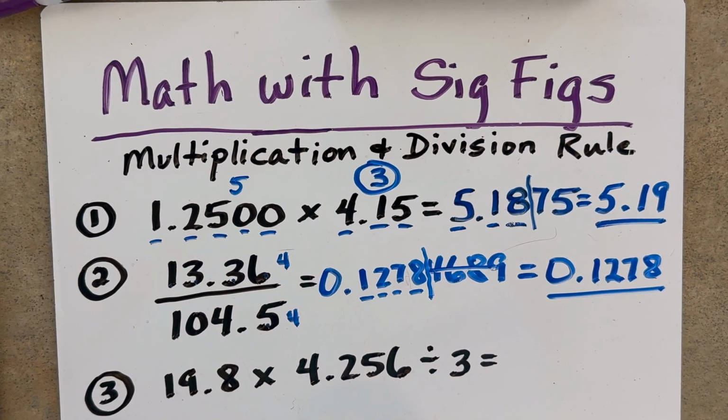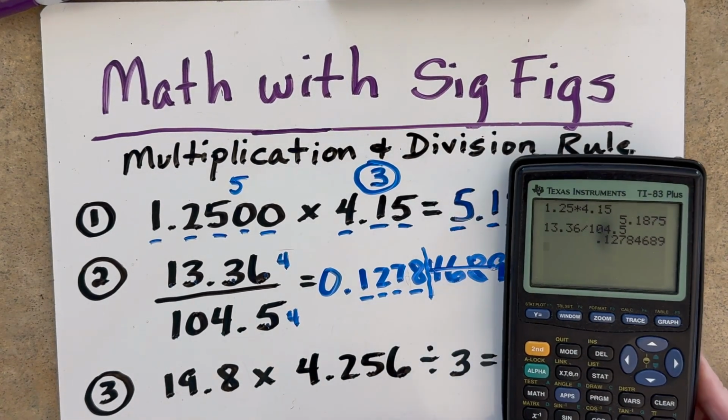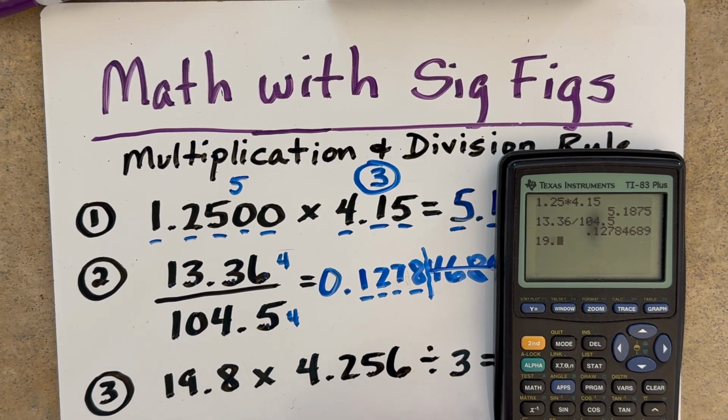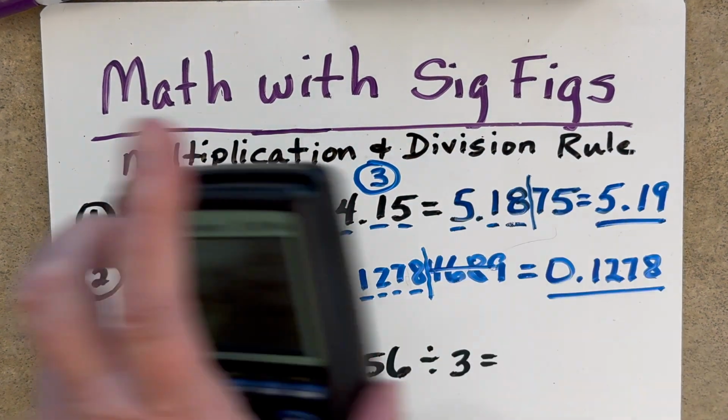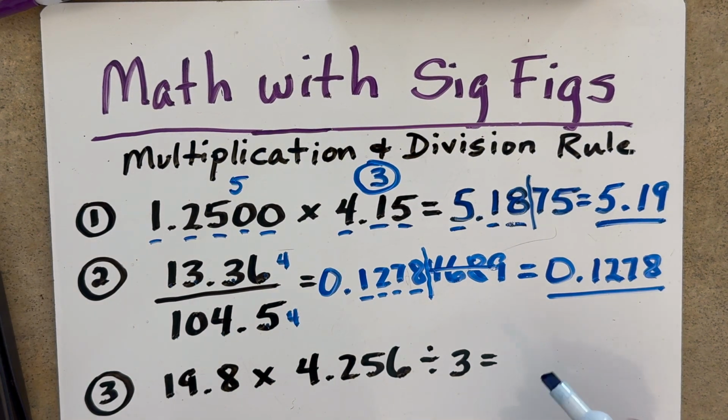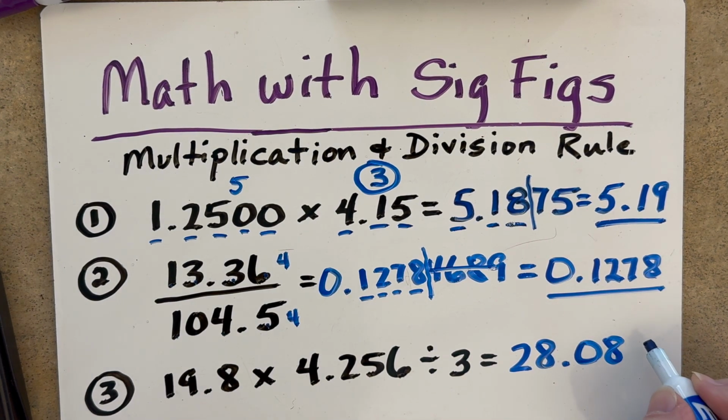In our last problem, we have two things, and the order that you do them does not really matter. So we're going to have 19.8 times 4.256 divided by 3, and our calculator answer is 28.0896.